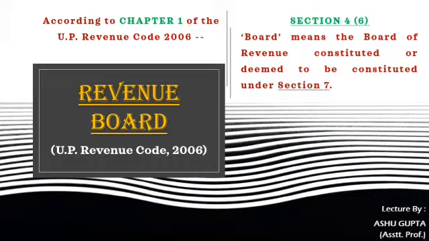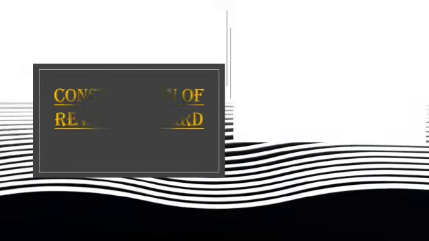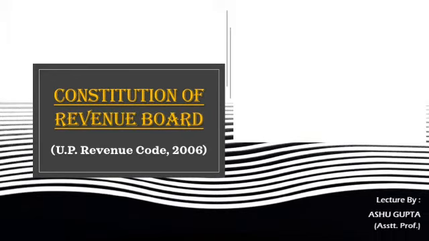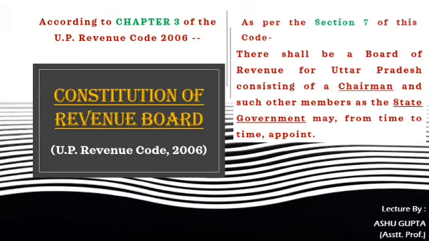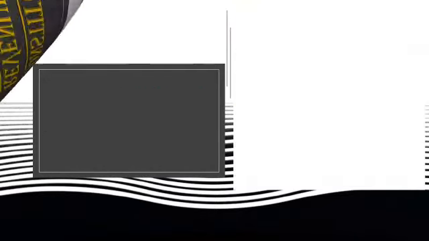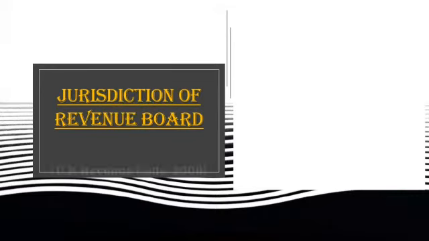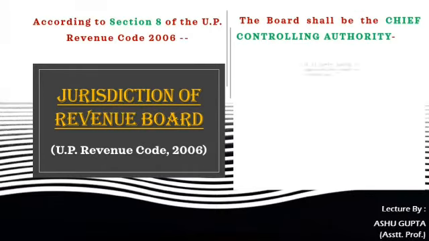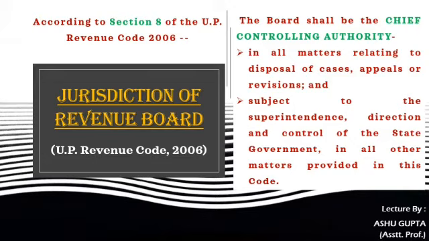After that, you can memorize the constitution of the Revenue Board, which is contained in chapter 3 under sections 7 and 8 of that code, wherein a chairman and some other members are engaged with the Revenue Board, representing a chief controlling authority under section 8 of the Revenue Code.